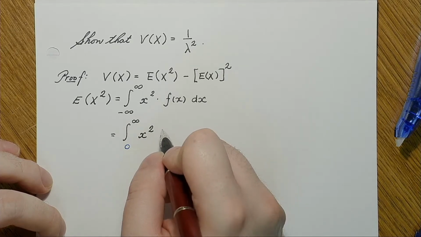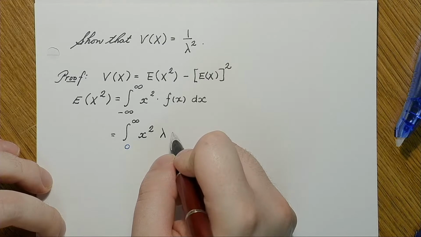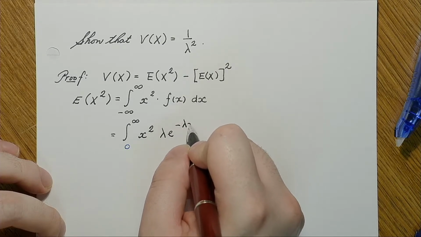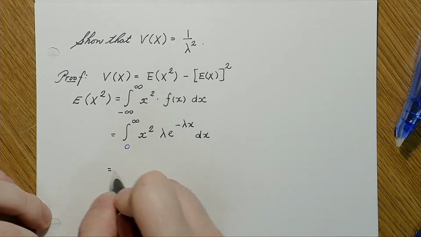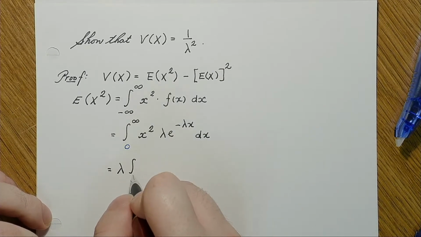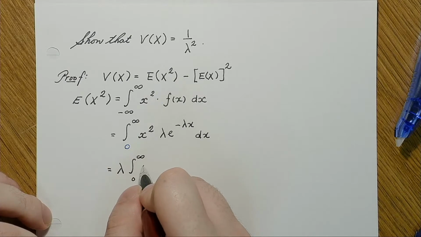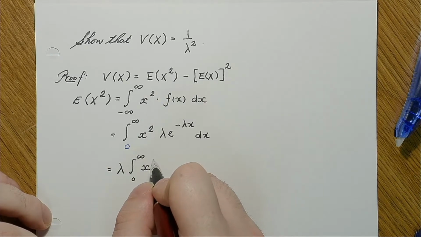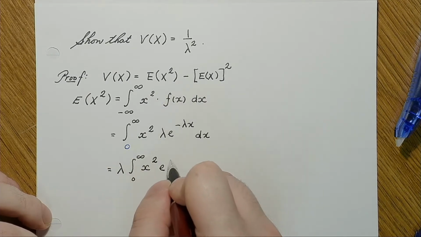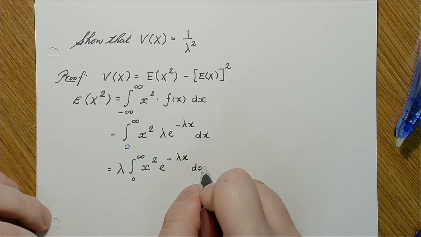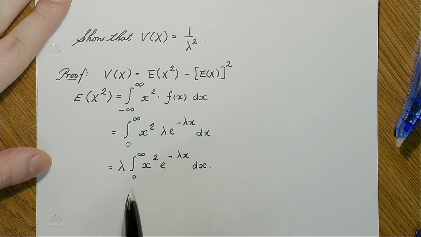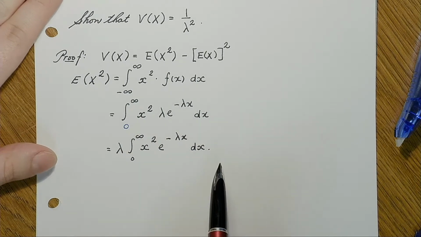And I still will have a lambda e to the minus lambda x dx, which again I could factor out that lambda. And so that's the integral that we'll have to tackle.